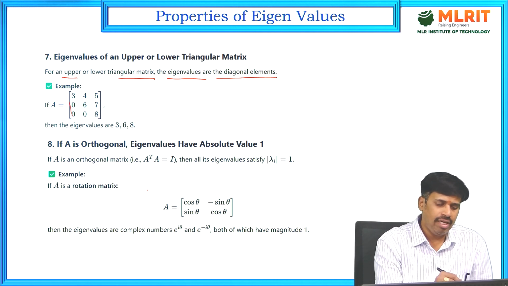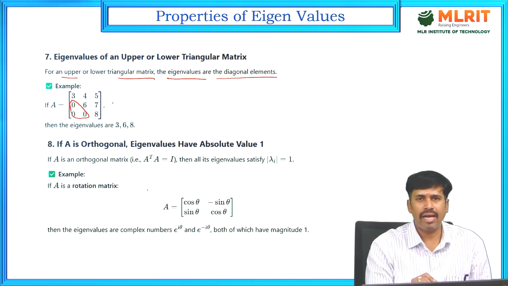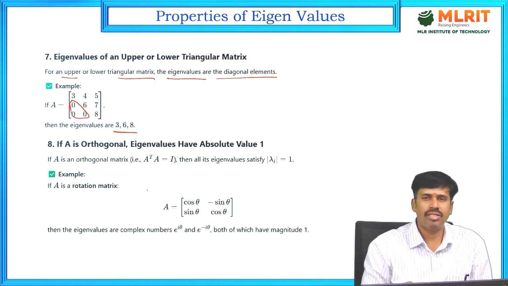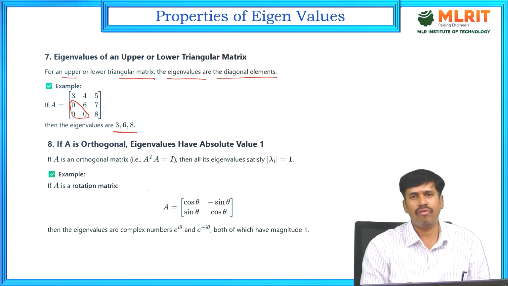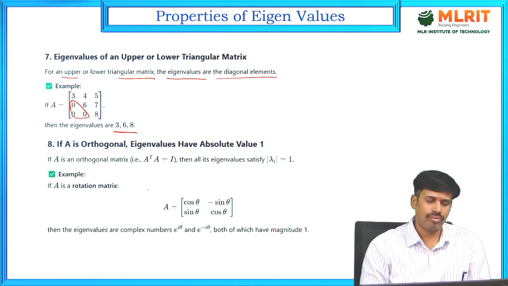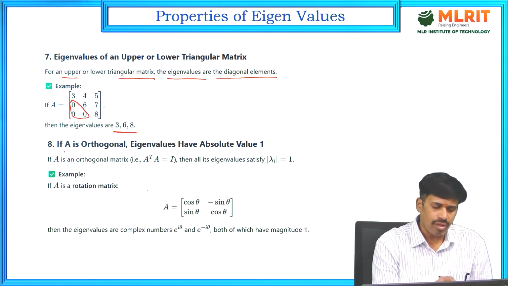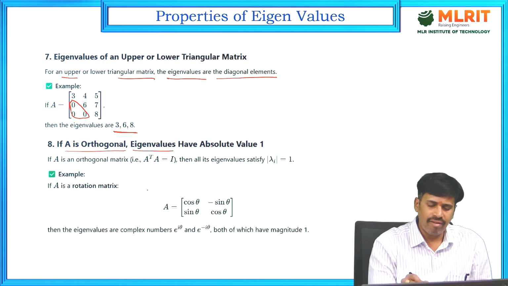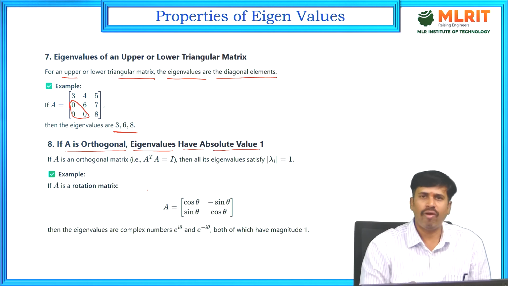You can see all the below-diagonal elements are 0, so this is an upper triangular matrix. Whatever the diagonal elements are, simply without any solving, we can say that the diagonal elements are its eigenvalues, right?